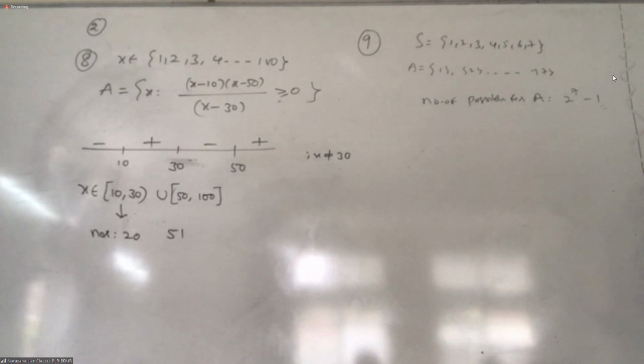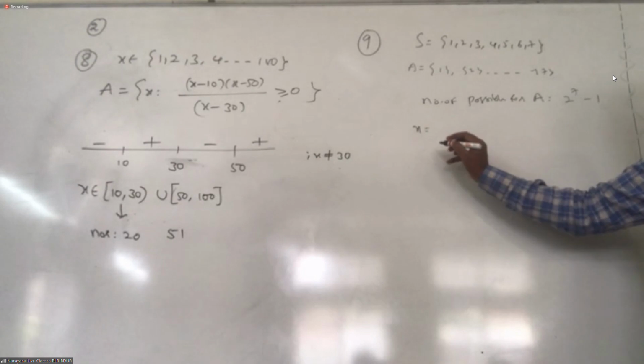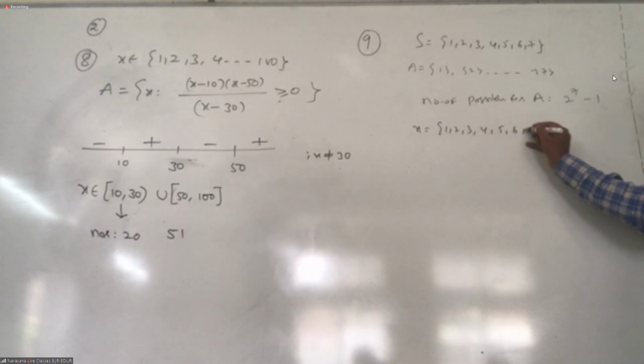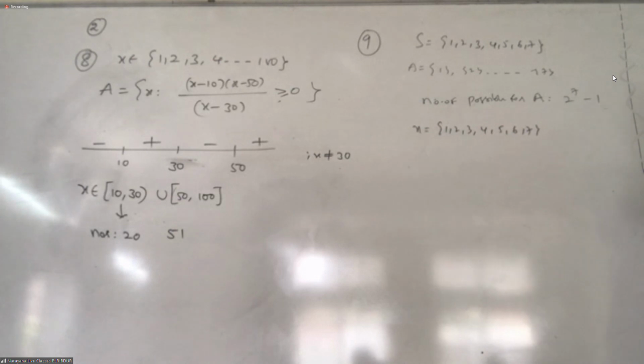A non-empty subset A of S and an element X of S. So there is a possibility to take X from 1, 2, 3, 4, 5, 6, 7. What they want now: A is 2 power 7 minus 1, and then X is 1, 2, 3, 4. Understand, students?